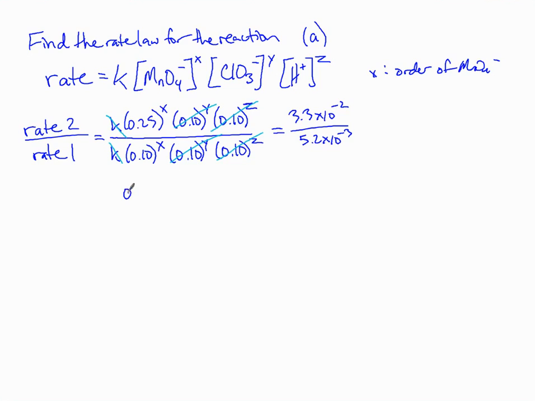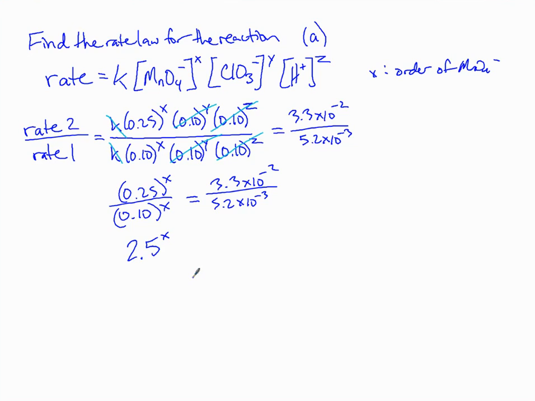Here we have 0.25 to the X over 0.1 to the X. If you do 0.25 divided by 0.1, we end up with 2.5 to the X. And then this is 6.35. So 6.35 is 2.5 to the X.